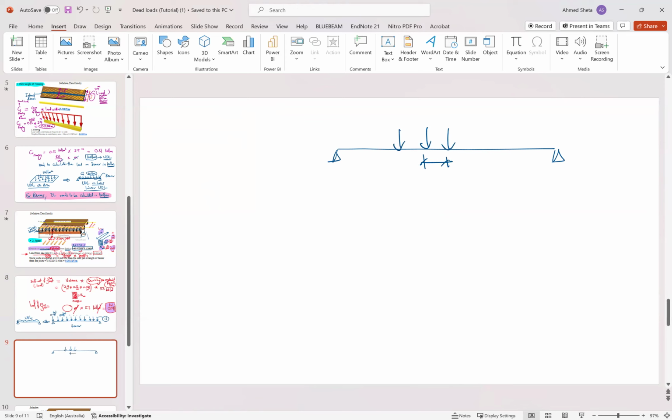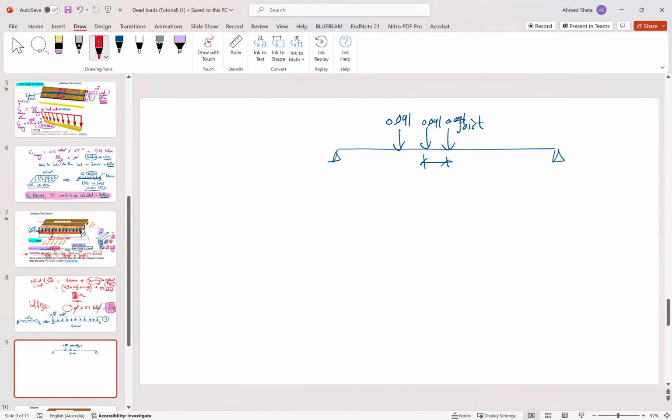So another way to do it is if we take the whole bearer and look at the distance between the joists. Each one of these is a joist. Each load is 0.091, 0.091. So if we look at this beam or this sketch, this is our bearer, and each one of them are joists.